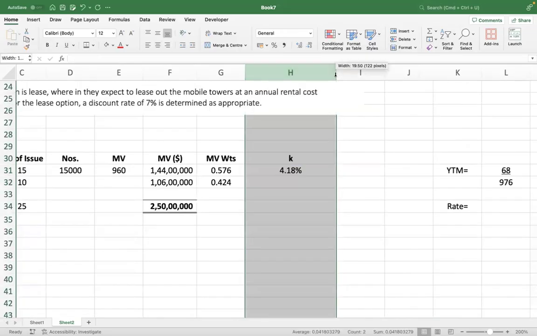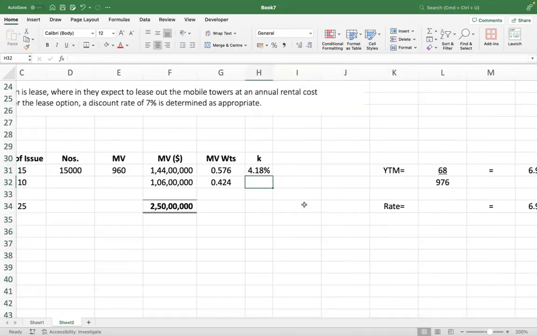Am I right? And what will be cost of equity? Cost of debt is YTM, but post-tax, because it saves tax. Cost of debt is always post-tax.